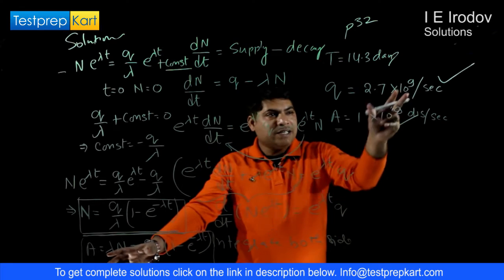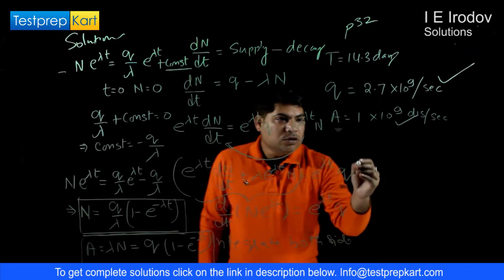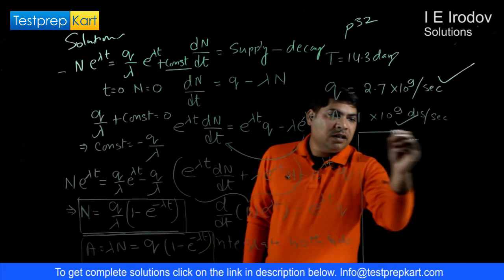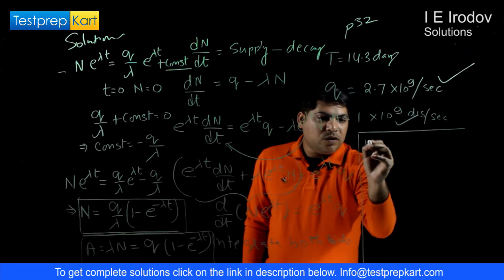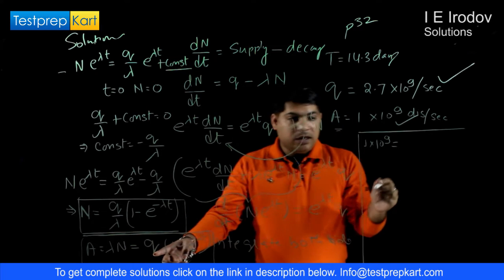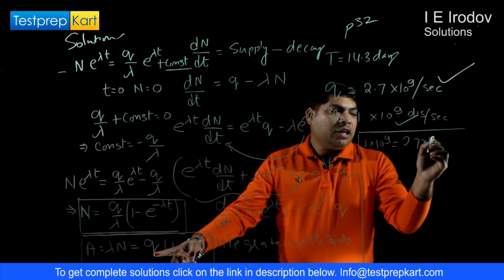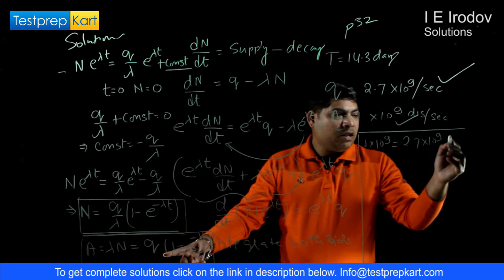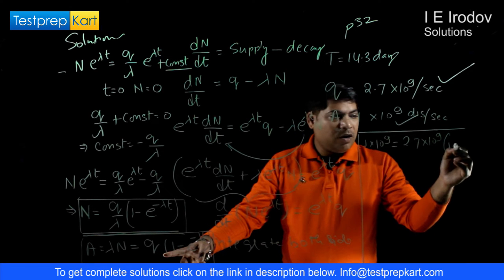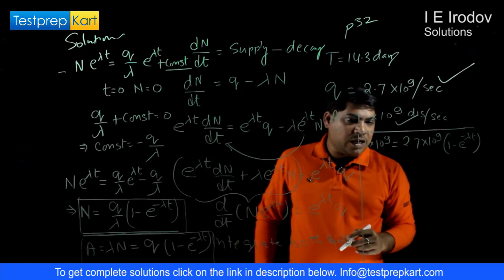So we can substitute these numeric values in this expression, right? We may write 1 × 10^9, which is the value of A, equals Q, which is 2.7 × 10^9, times (1 − e^(−λt)).